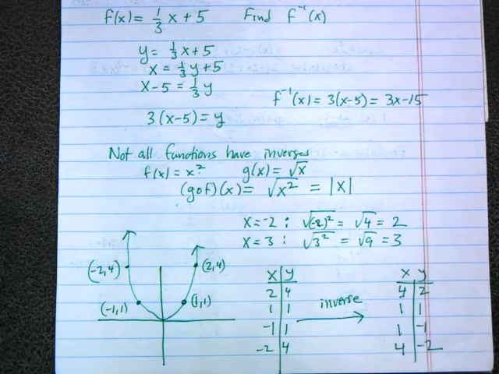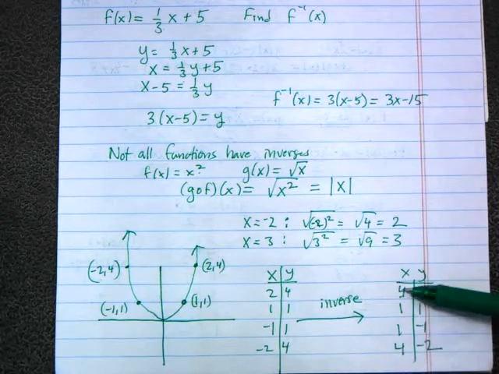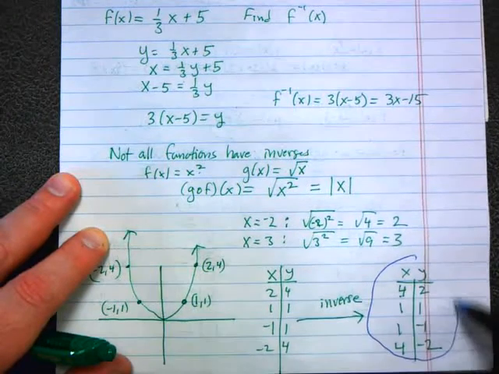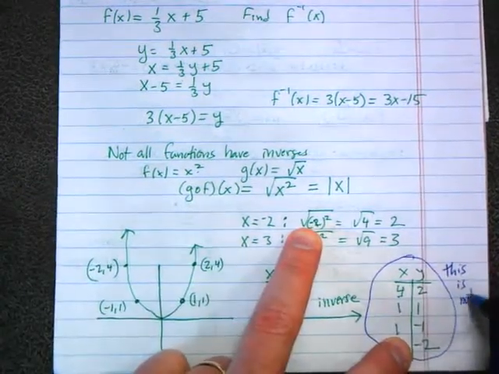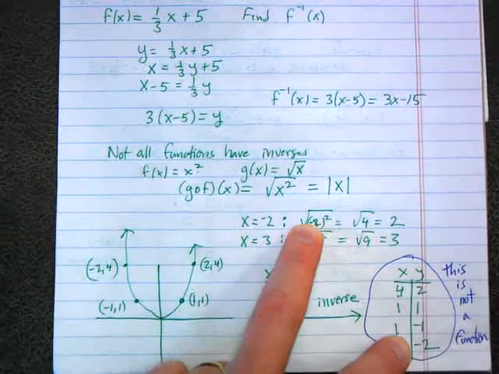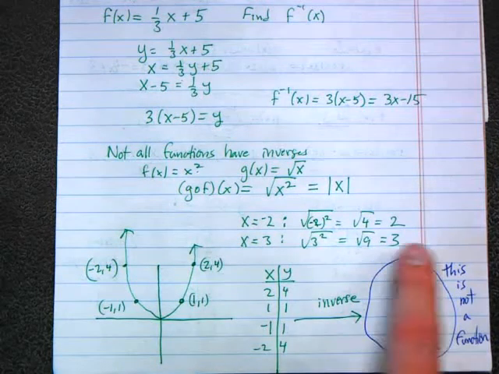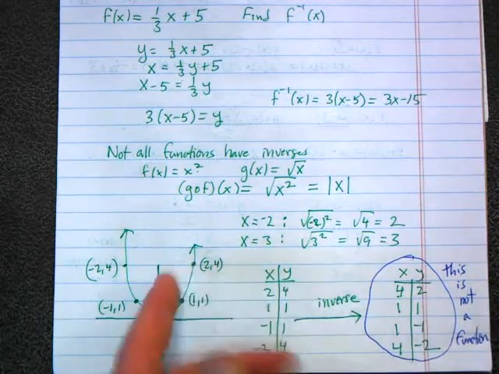So the table for the inverse would look like this: 4, 2; 1, 1; 1, -1; 4, -2. There's something not good with that table. I have x values that repeat, don't I? X equals 4 repeats. X equals 1 repeats.